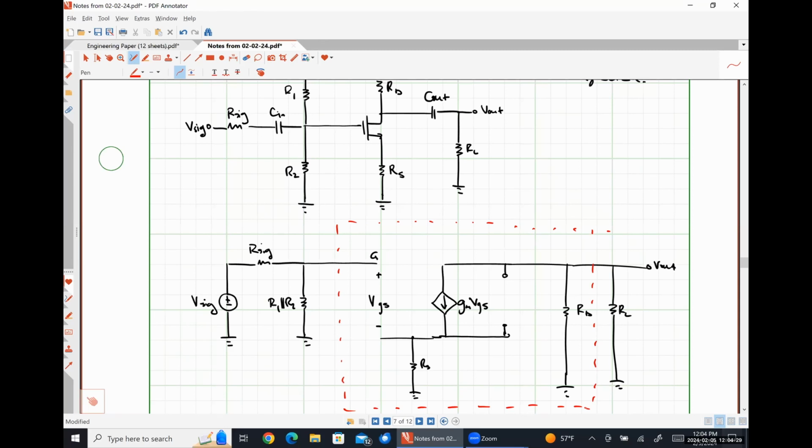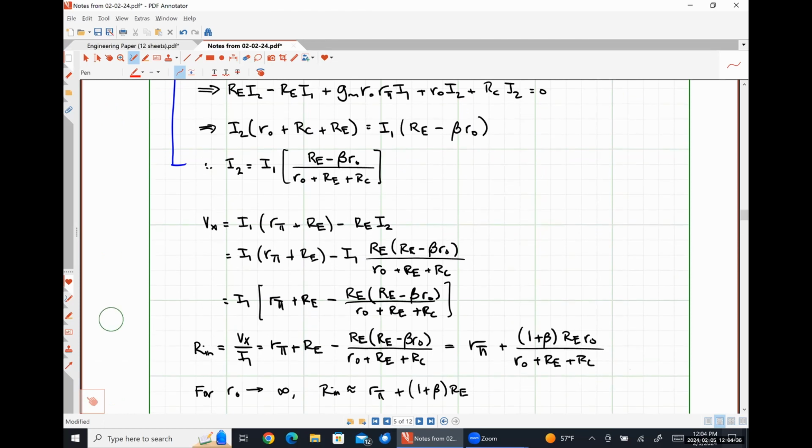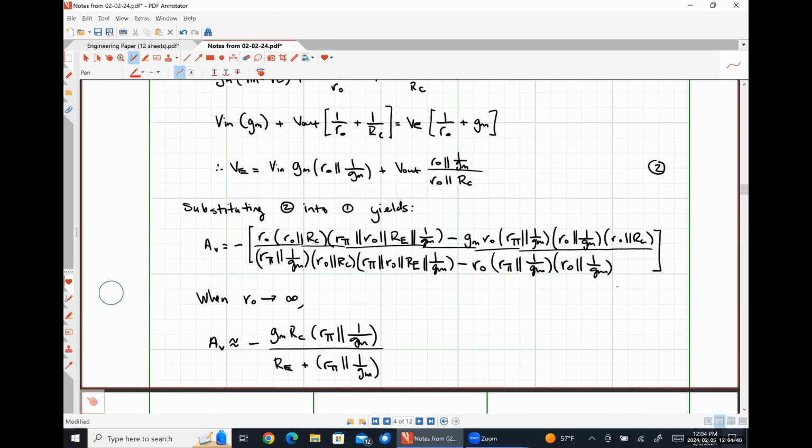So the voltage gain of this block right here is this, except that RC now becomes RD, RE now becomes RS. What happens when I have RPi in parallel with 1 over GM? And RPi is infinity.